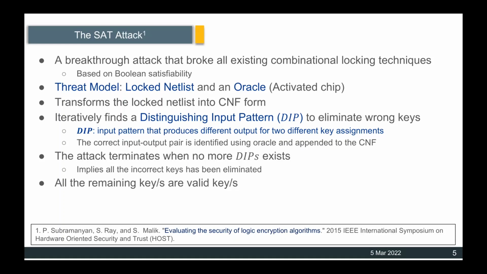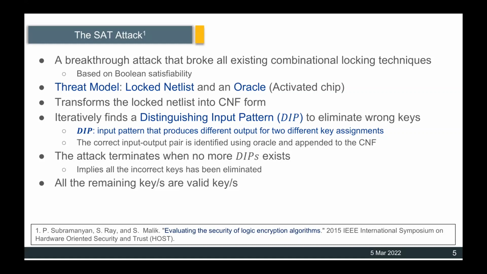So in this case, the threat model is as follows. The adversary is given a locked netlist. When I say a locked netlist, it means it has the netlist, but doesn't have knowledge about the secret key. The attacker also has access to an oracle, that means an activated chip, for which the correct key is configured, and the adversary can feed in inputs and obtain the corresponding correct outputs.